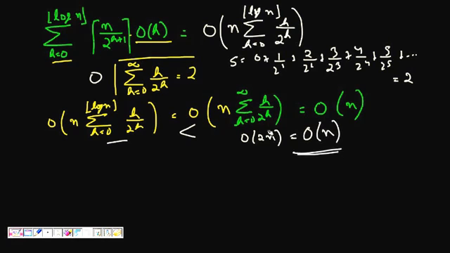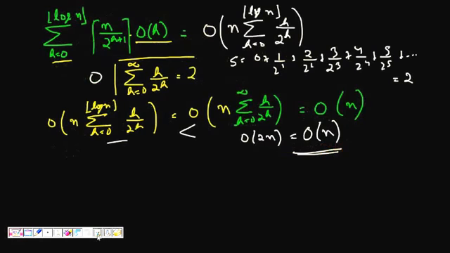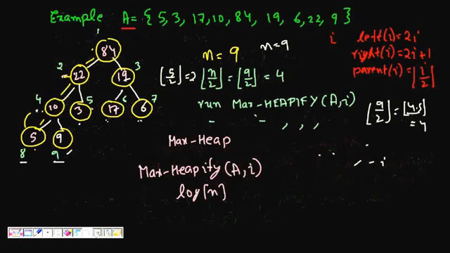So we see that the running time complexity of building a heap from a given array is O of n. This way we see that a heap data structure can be created from a given array in O of n time.